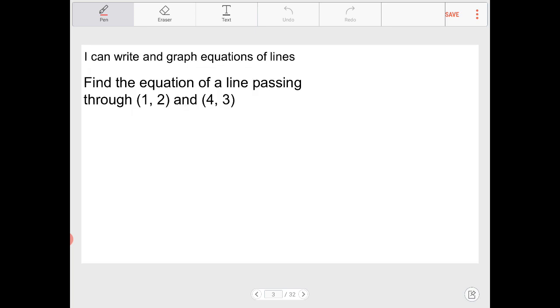So the first question here is to find the equation of a line that passes through (1, 2) and (4, 3). Once again, in order for us to write the equation of a line, which is given by y equals mx plus b, we need to recognize that we need two things. We need the slope and we need the y-intercept.